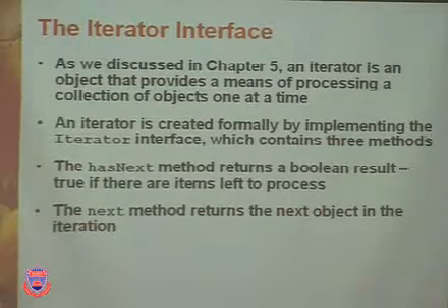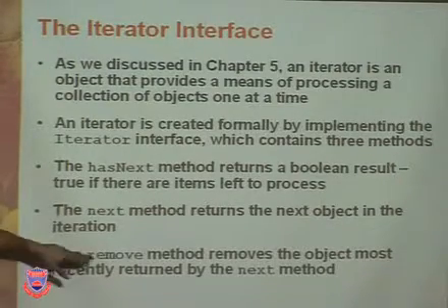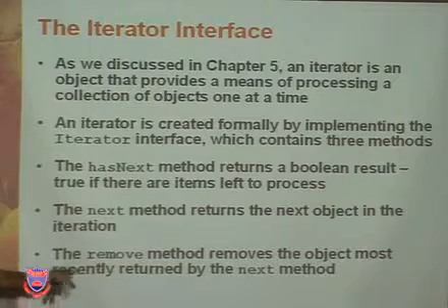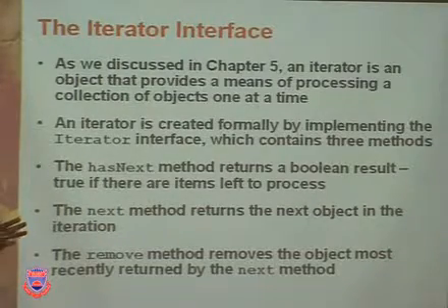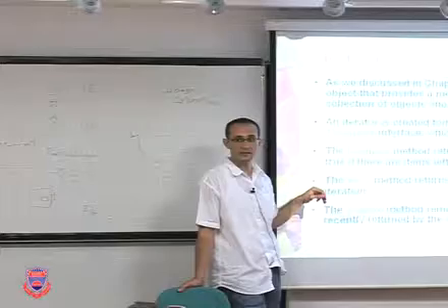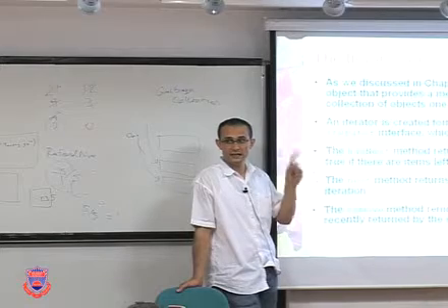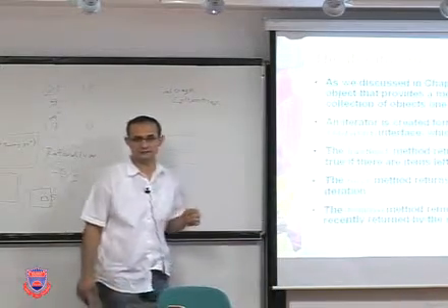The hasNext method, the next method, and the remove method, which removes the object most recently returned by the next method. If you want to implement the Iterator interface, you have to implement the hasNext, next, and remove methods in order to correctly implement it.